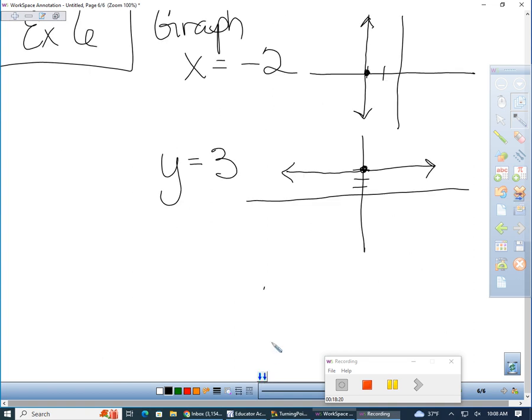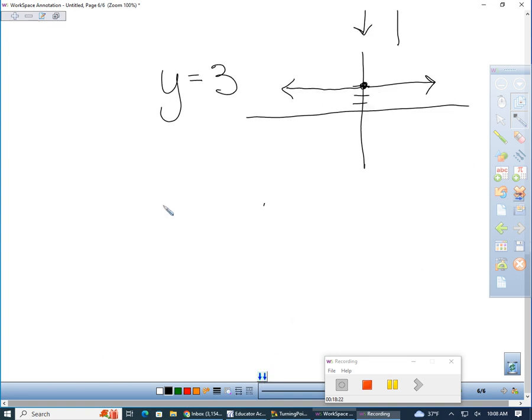Let's say I have, how about x equals 4? I go to where x equals 4. 1, 2, 3, 4. What kind of line am I going to have? Vertical. It only crosses through the x-axis. All right, questions on those? Should be pretty easy, right?